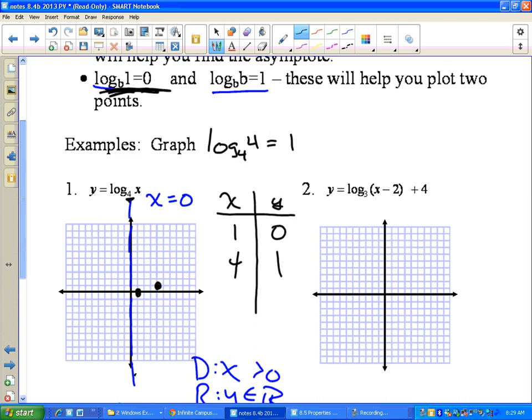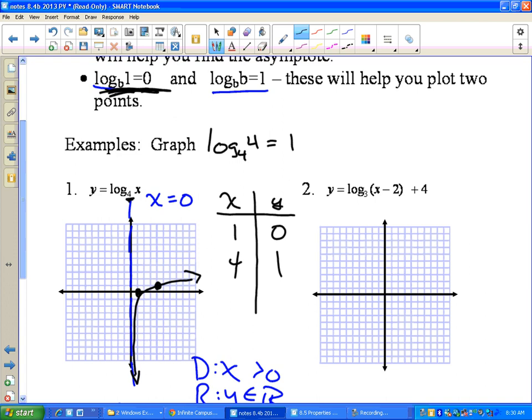I know I'm going to start close to my asymptote and grow like that. That's my graph. I have my domain, I have my range, I have my asymptote. Was there any shifting left and right, up and down of this graph? No. There's no h, there's no k, there was no shifting of this graph whatsoever.